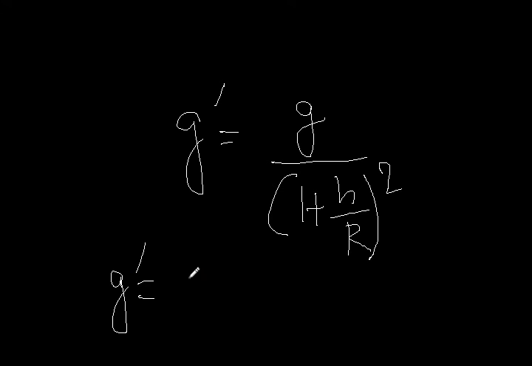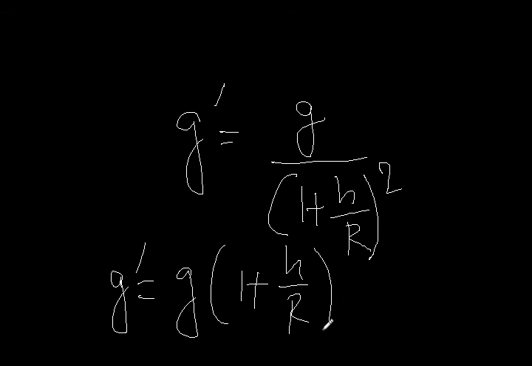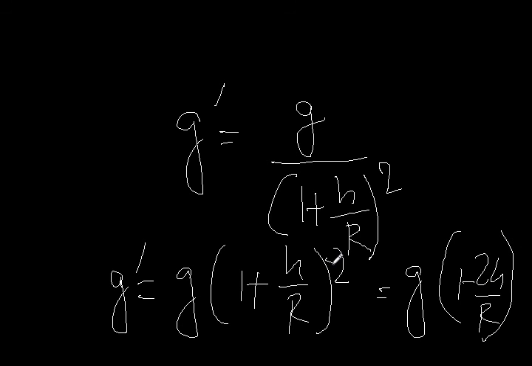What is g? It is 1 plus h by r, and the power gets minus 2. The moment the power gets minus 2, it comes to 1 minus 2h by r. So this is how again we have used the binomial, the minus power here, and this makes it 1 minus 2h by r. So the binomial, you can see, is a very simple methodology that we are applying to understand physics in a better way.